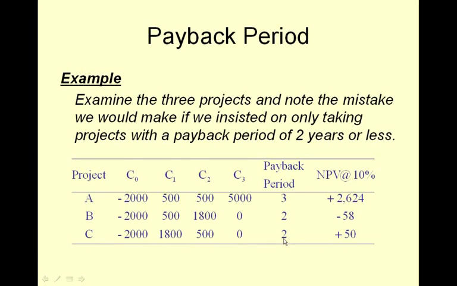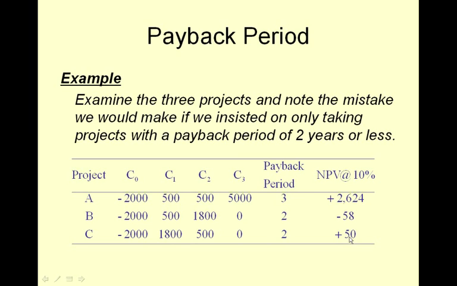So according to the payback period criterion, projects B and C look equivalent, and both of them look to be superior to Project A. But if we were to calculate the net present value of these 3 projects at a discount rate of 10%, Project A is by far the superior project, generating $2,600 in NPV. Project B has a negative NPV, and Project C has a small positive NPV.